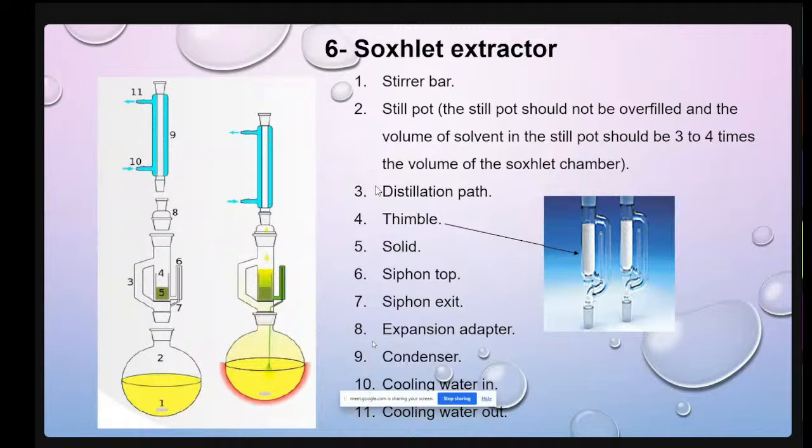Next, we have the Soxhlet extractor. This apparatus here is called Soxhlet, containing a round bottom jar containing the extraction material, which will be heated, then the vapor goes over here and is cooled again by the cooling system from here, collecting the distillation.